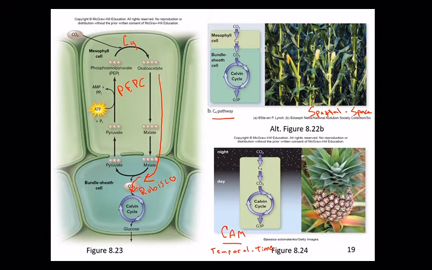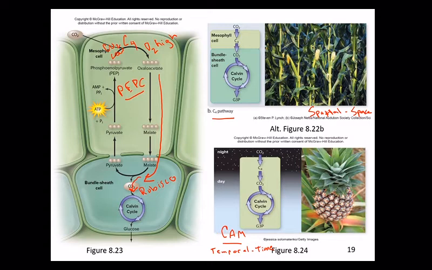The way it works for the C4 plants is that the C4 pathway, or PEP-C, is in the outer cells, where O2 can be high and CO2 can be low, but that doesn't affect PEP-C. PEP-C has a higher affinity for carbon dioxide, so it continues to fix carbon even when carbon dioxide is at a low concentration.